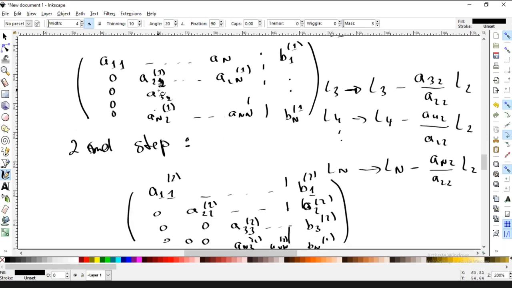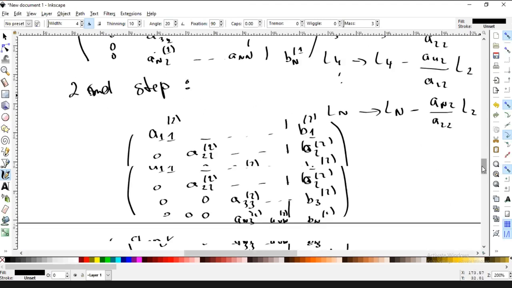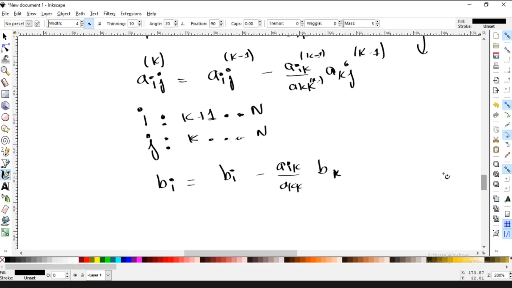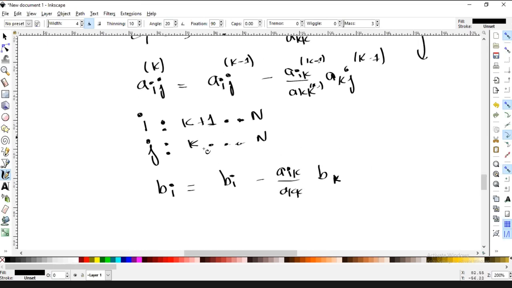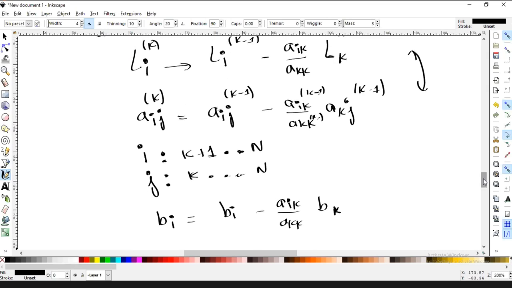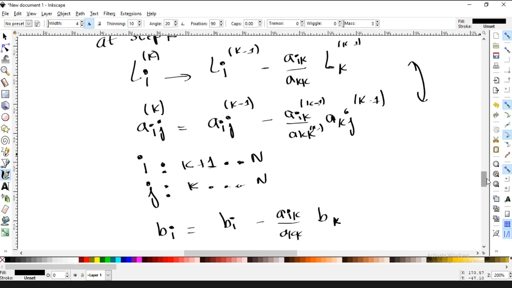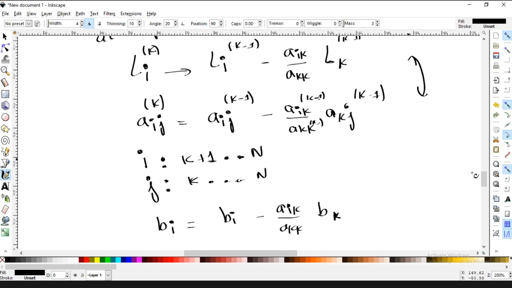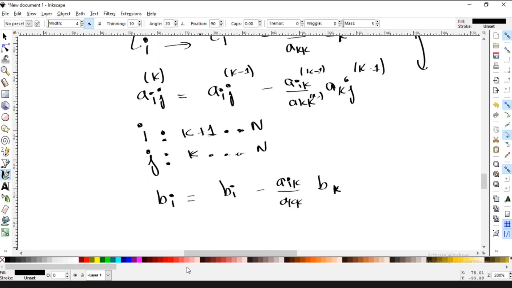So i goes from k plus 1 till n, and j goes from k till n. Last time I wrote k plus 1 here, it's k. That's the only thing. So now if you apply this formula, you can write the program.